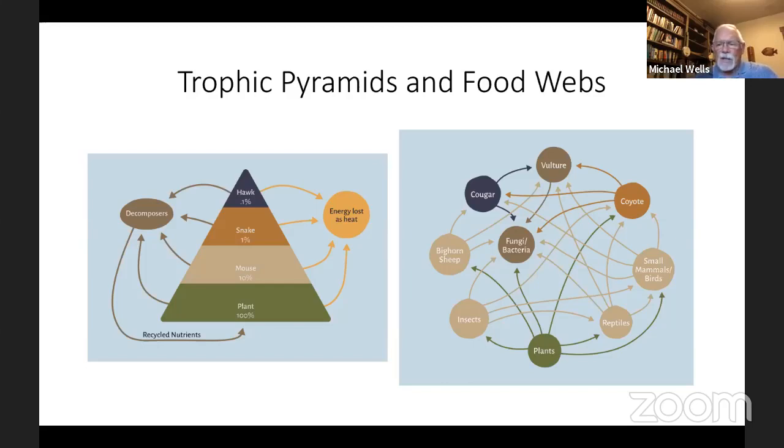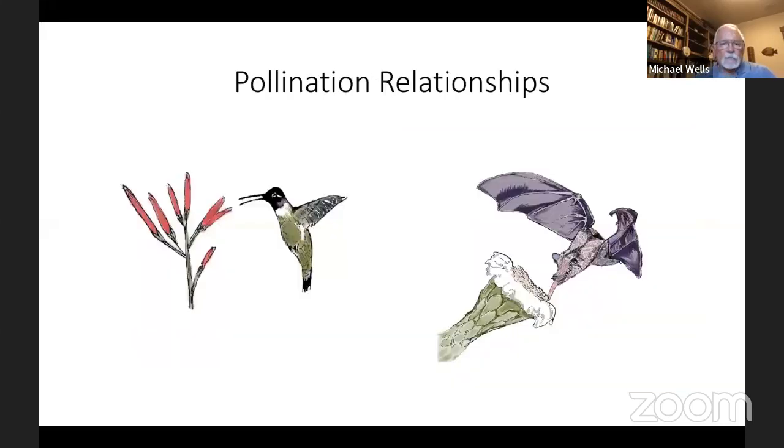But if you actually look at who eats who within an ecosystem, there are animals like, say, a coyote that eats plants, eats small animals, eats reptiles, and then also is a carrion eater as well. And so it participates on many different levels in the trophic pyramid. So really, the trophic pyramid becomes more of a trophic web.